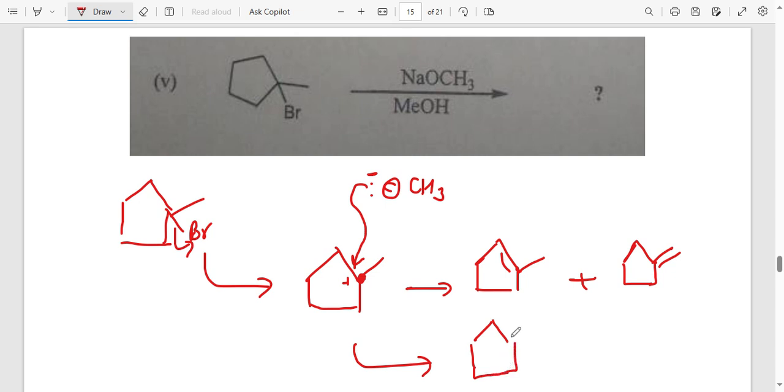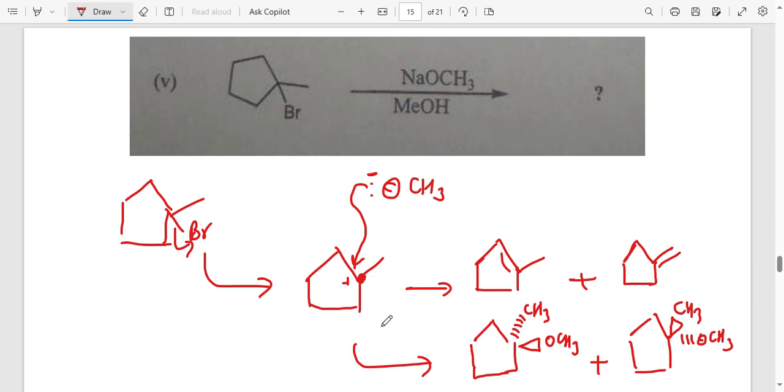If we attack from the front, if we want to show stereochemistry, methyl is going to be like that. Then your incoming group is going to be like so. If you attack from the other side that you didn't attack in the first step, your methyl might be like that, and then your other group is going to be like so. So these will be your possible products.